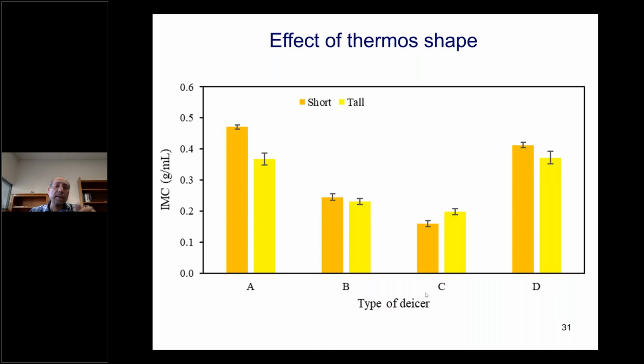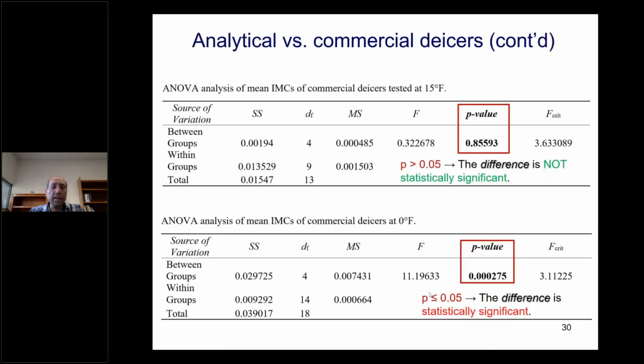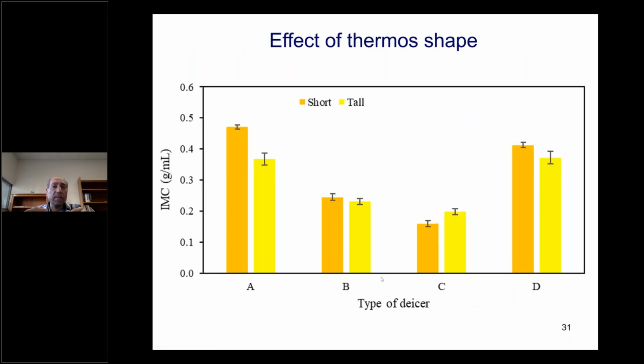Even if we use average ice melting capacities, we have a significant difference. So as a result, for the next step, the ruggedness test, we did not test all of the deicers.